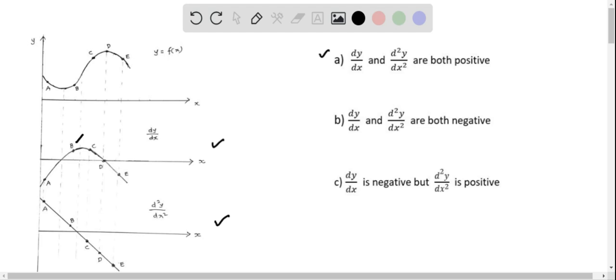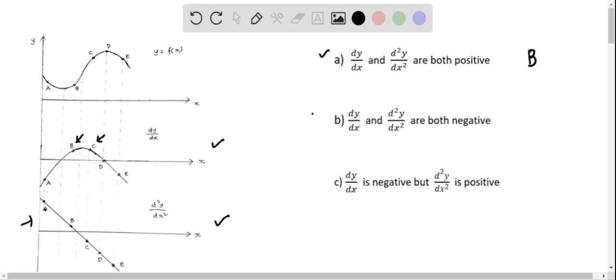Only point B as well as point C is positive. However, in the graph of the second derivative, point A and point B are positive. But we have to choose only the points where both are positive. So only point B is the point in which the first derivative as well as the second derivative is positive. So the answer for this question is B.